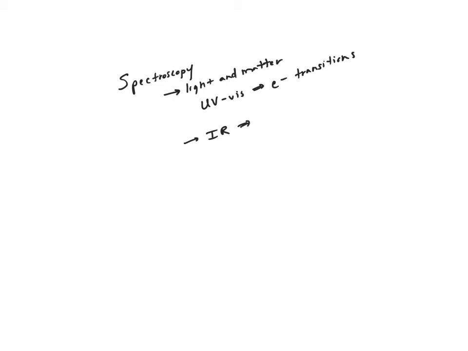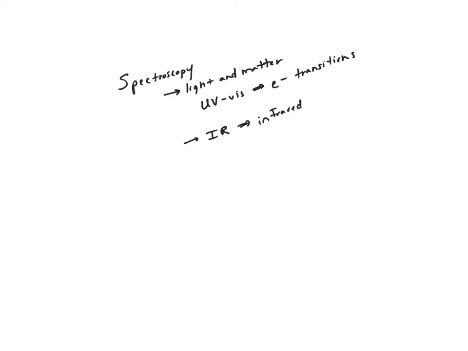So IR spectroscopy dealt with the interaction of light in the infrared region of the electromagnetic spectrum as opposed to the UV visible region, right? And so comparatively, the IR region has a little bit lower energy, a little bit lower frequency, and a little bit higher wavelength than the UV visible region of the electromagnetic spectrum, okay?